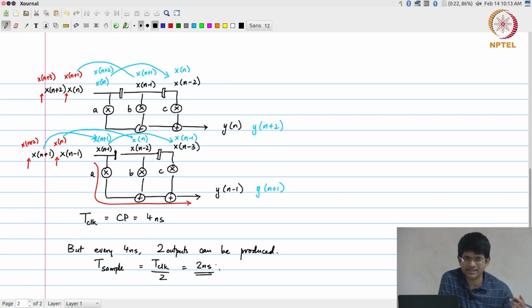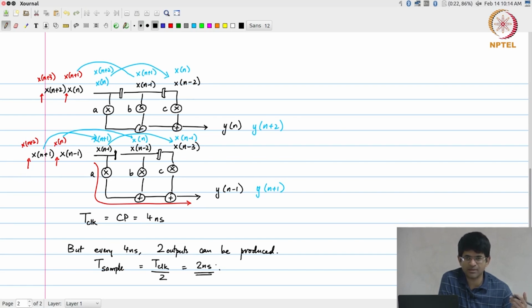After all, that dependency is what led us in the first place to this concept of iteration period bound, and in this particular case it prevents you from using twice the amount of hardware effectively. But in the case of the FIR filter, you can do that. You can put in twice as many adders and multipliers and actually feed the data to them alternately such that the overall throughput doubles.